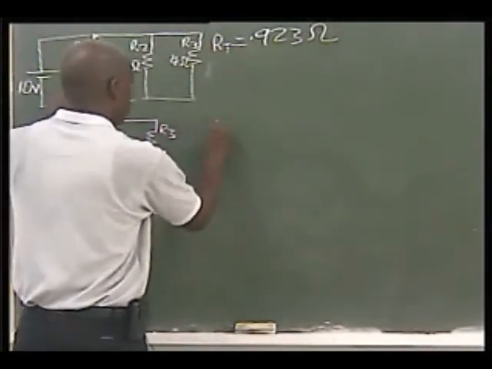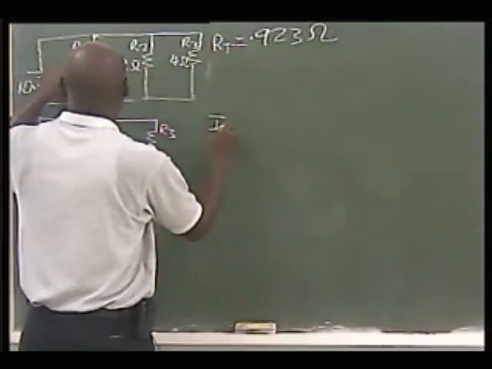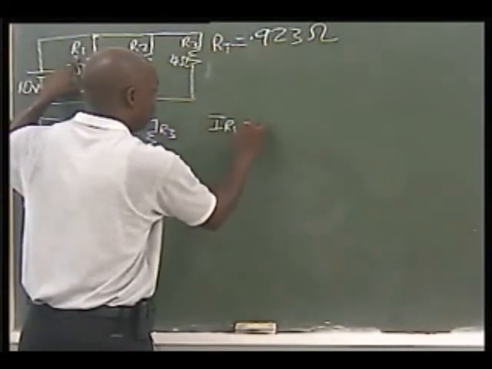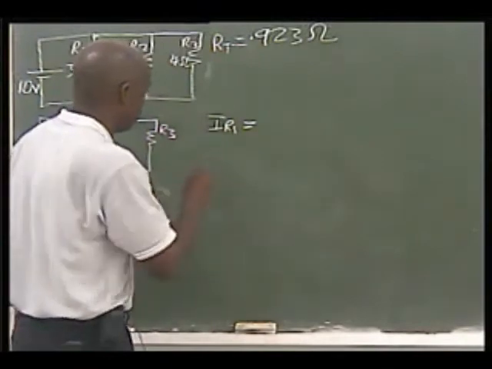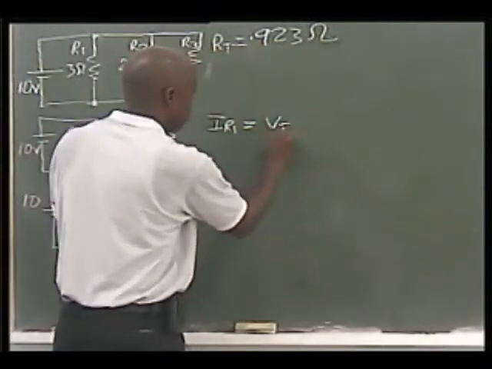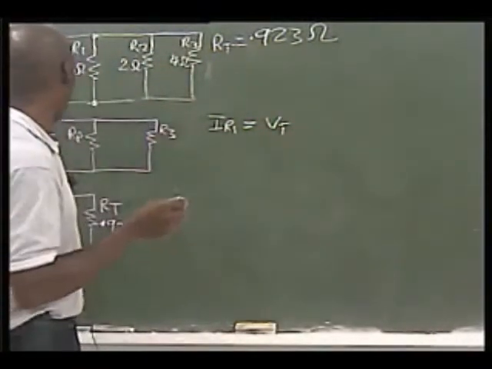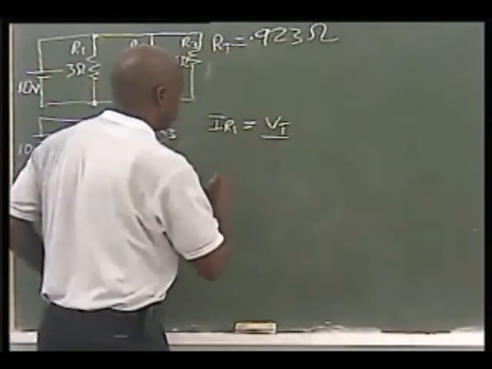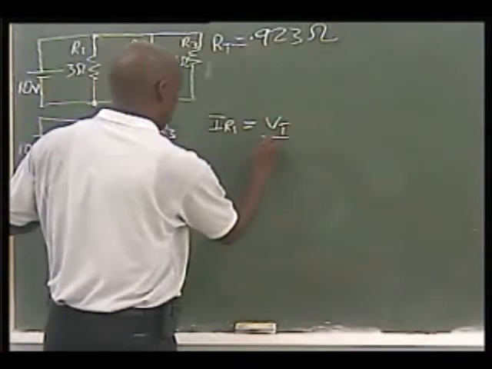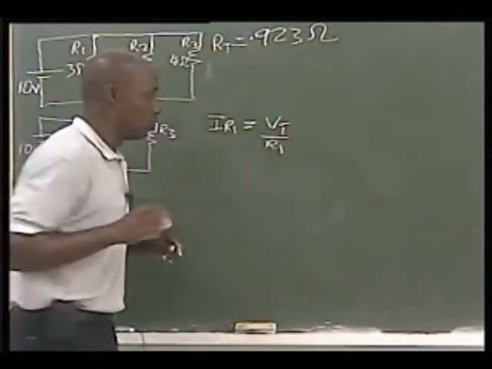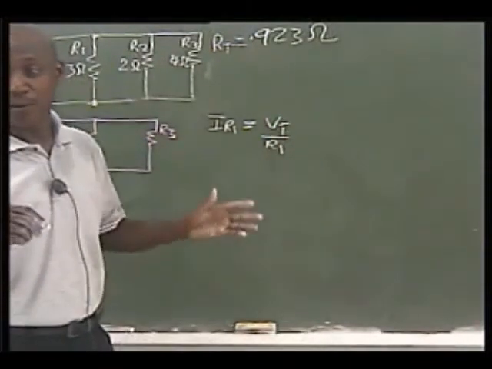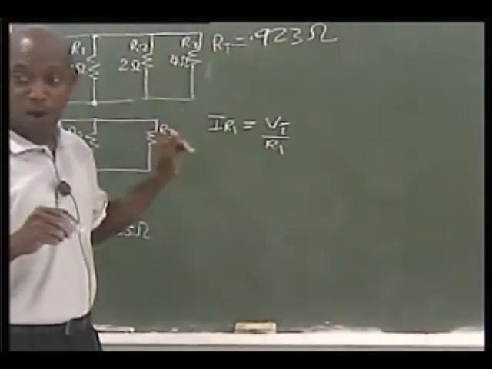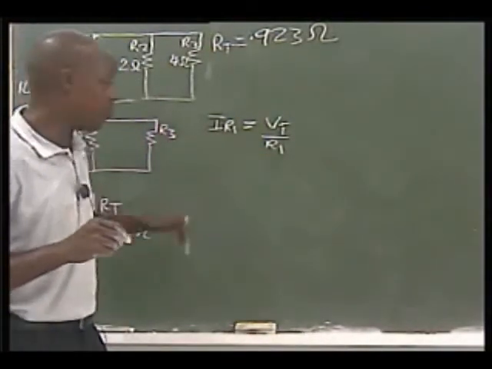So how much current is going through R1? So IR1 is going to be equal to VT, which is your total voltage, which for our case is 10 volts, right? Over R1. Notice I did not put RP, I did not put RT, I put R1, because that's what we want to find out for right now.